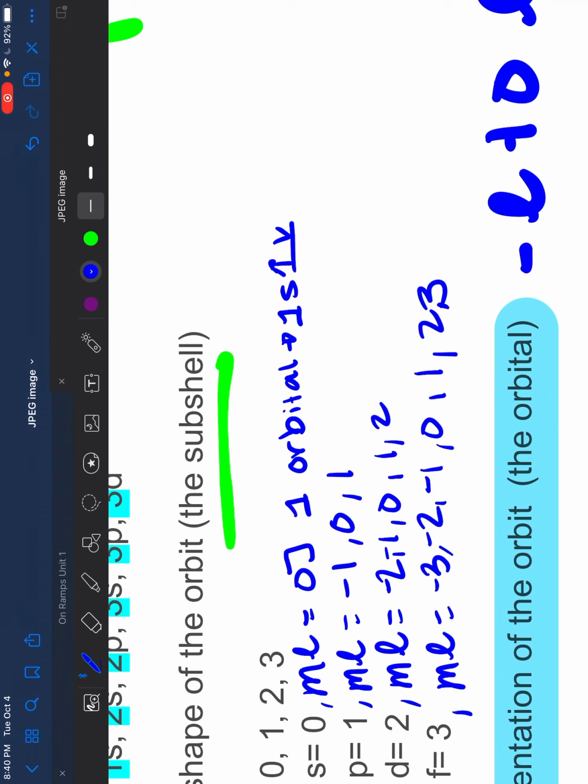The dash is one orbital. There are 3 possible ml values for p, so that means you have 3 orbitals. That's why we have 2p6, we have 1, 2, 3 orbitals. Those are orbitals.